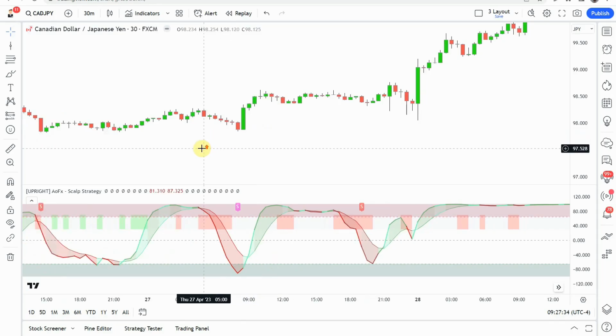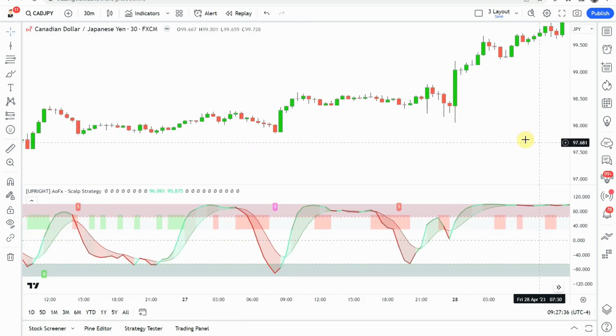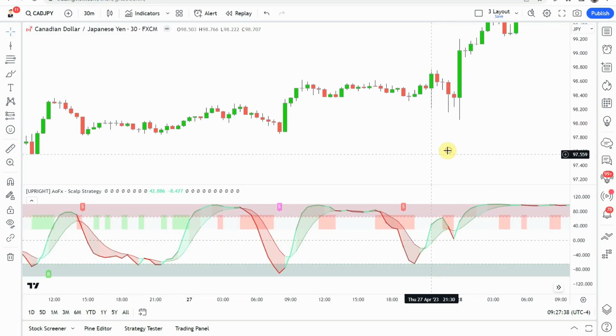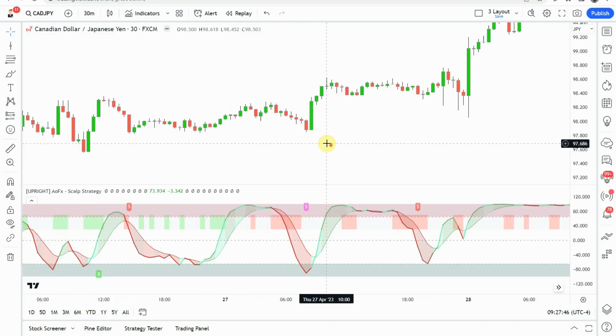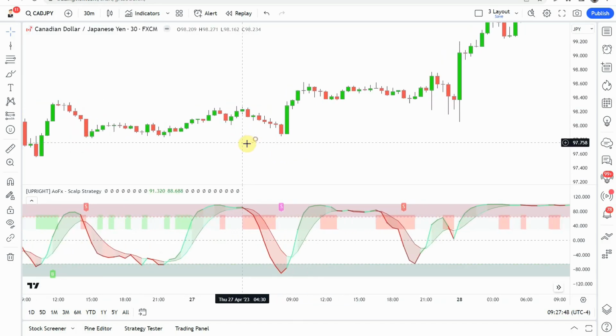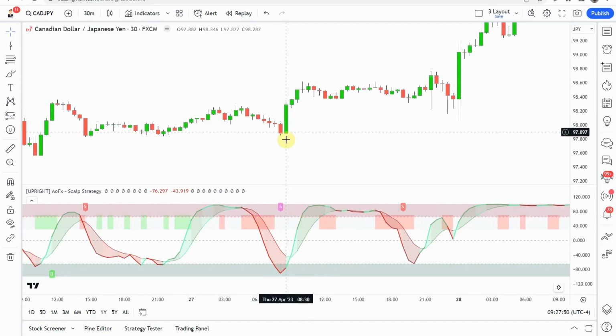The idea is to look for a continuation of price in that direction. So we'll look at this S tag right here as an example. We get the S tag here giving us a short signal, and you can see that pretty much immediately price spikes straight to the upside.